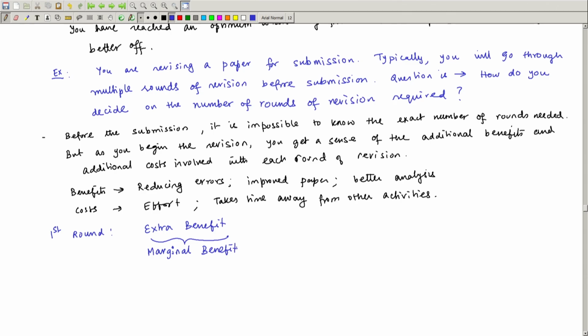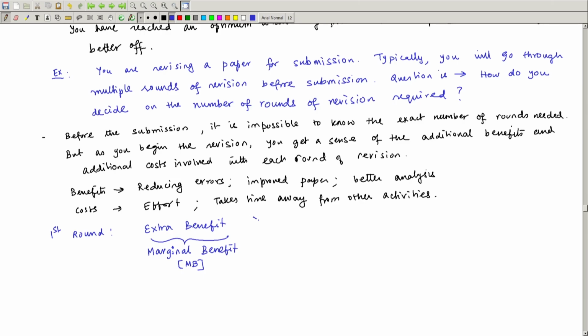The word marginal also stands for extra. So, extra benefit is also the marginal benefit. I will denote this as MB. For the moment, I will just mention that marginal benefit is denoted by MB and it is the extra benefit. When we get into the specifics a little later, we will talk about marginal revenue and marginal cost. I will formally define it.